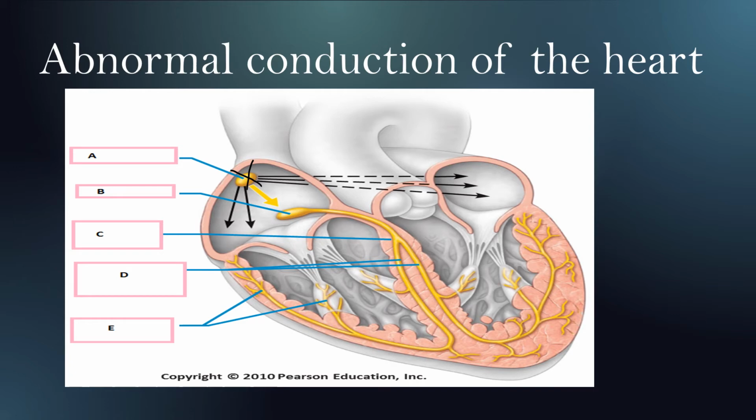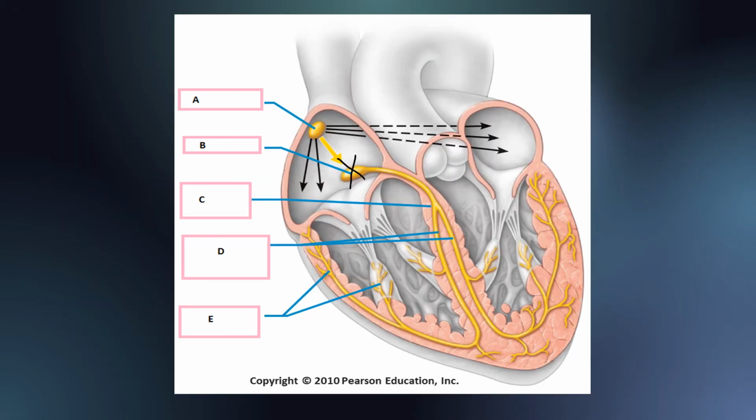Okay, so then say we have an issue with the AV node. Your SA node is still firing up here, but this is blocked for some reason due to some kind of disease or failure of something.